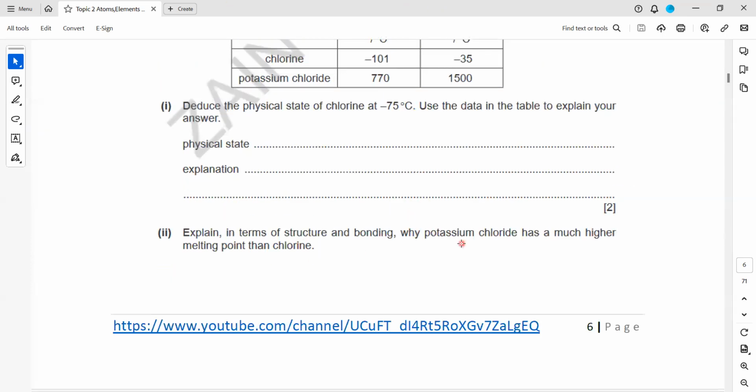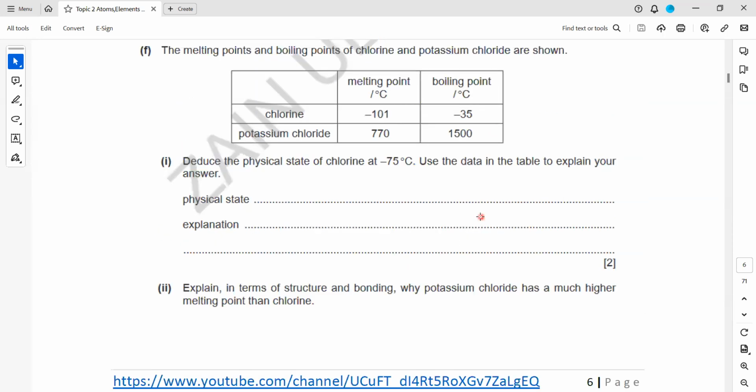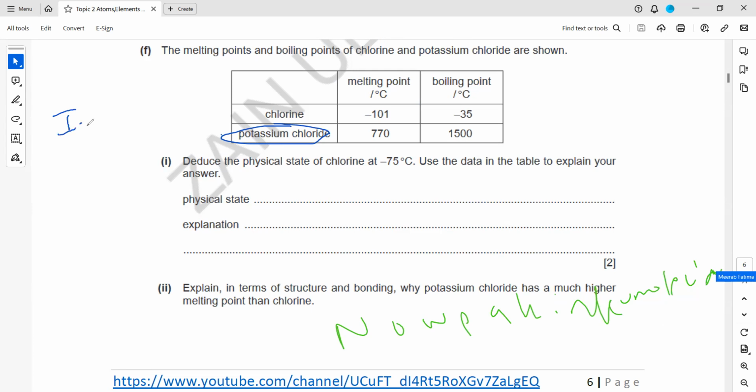Explain in terms of structure and bonding why potassium chloride has a much higher melting point. Why do you think potassium chloride has a much higher melting point? First thing, what kind of bonding will it have? It will have ionic bonding. And what happens in ionic bonding?